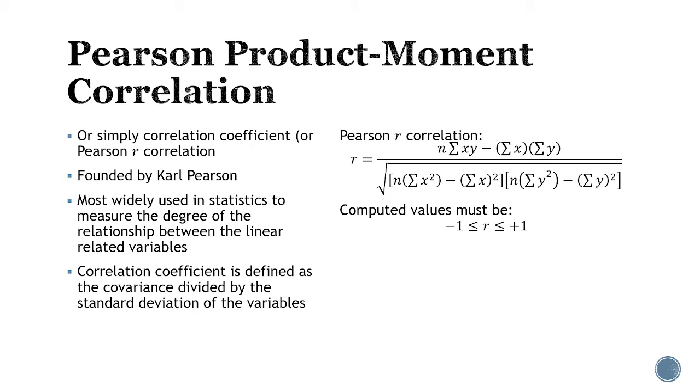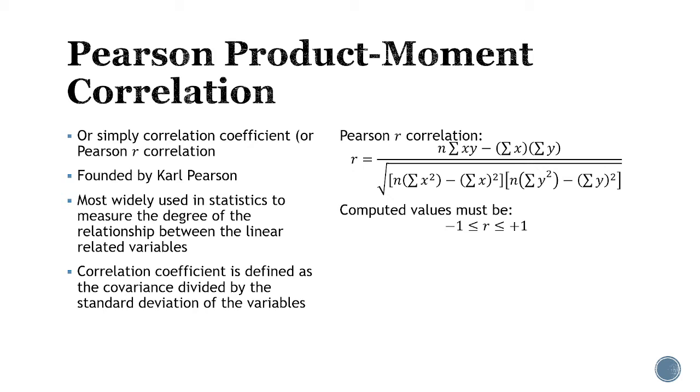It is most widely used in statistics to measure the degree of relationship between linearly related variables. By linearly related variables, those are our x and y variables. The correlation coefficient is defined as the covariance divided by the standard deviation of the variables.